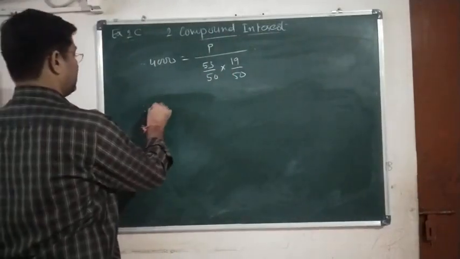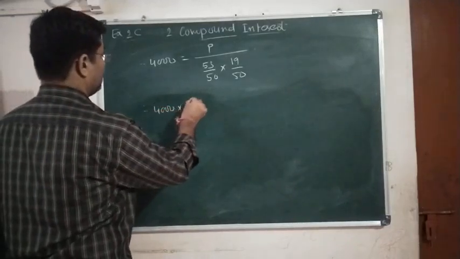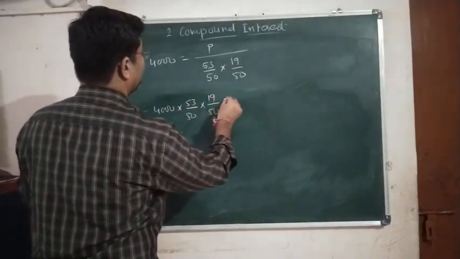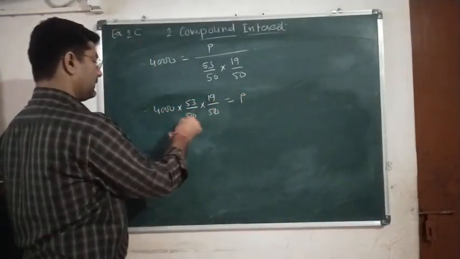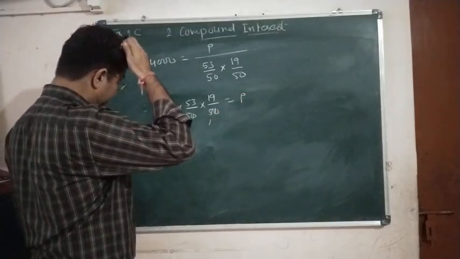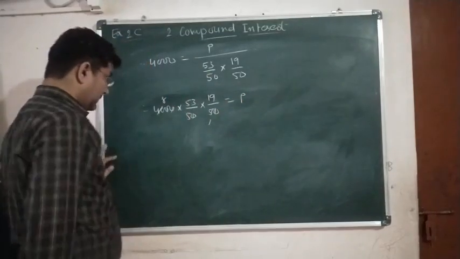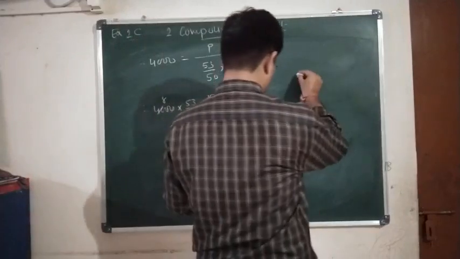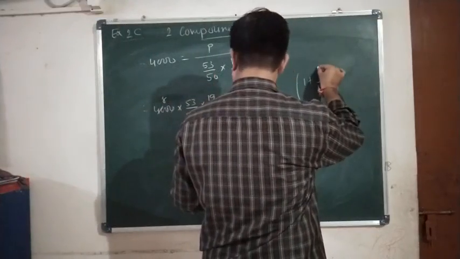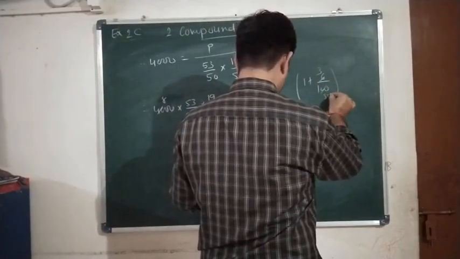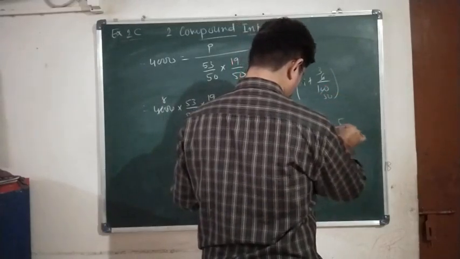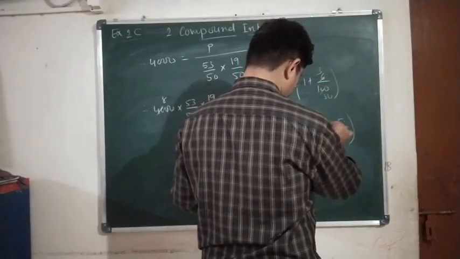Therefore 4000 into 53 upon 50 multiplied by 19 upon 50 is equal to P. I think we have made some mistake, because the bracket was 1 plus 6 upon 100, so 53 upon 50, and the other one was 1 minus 5 upon 100.